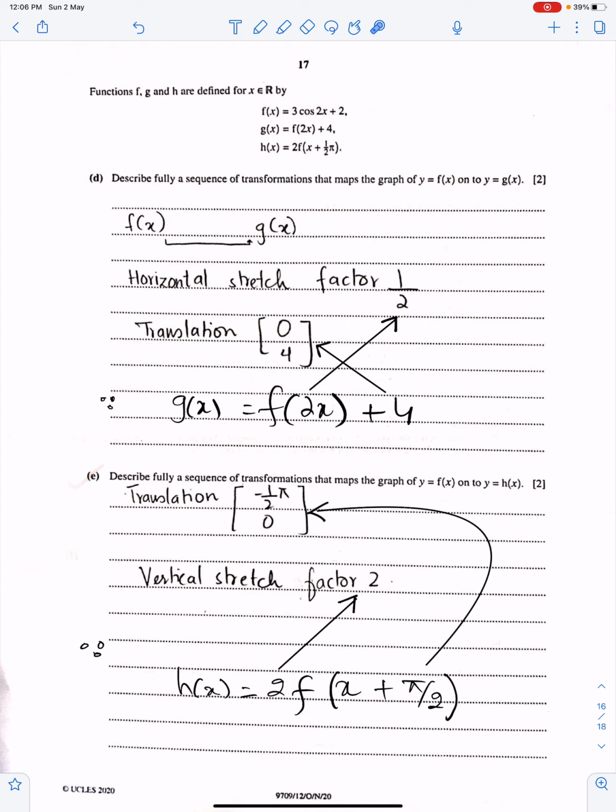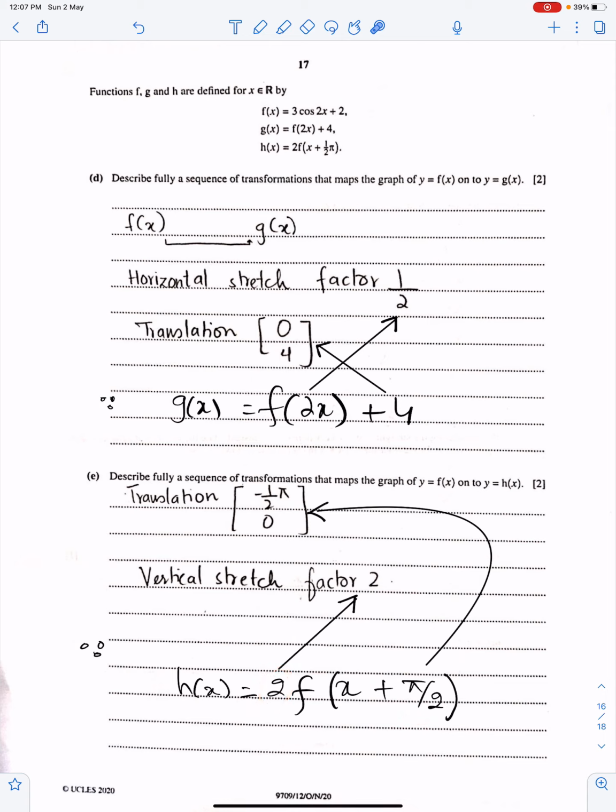Part E. Describe fully a sequence of transformations that maps the graph y is equal to f of x onto y is equal to h of x. Now you just need to observe this equation very carefully. This 2 means vertical stretch factor 2, and this pi by 2 means translation vector minus pi by 2 and 0.